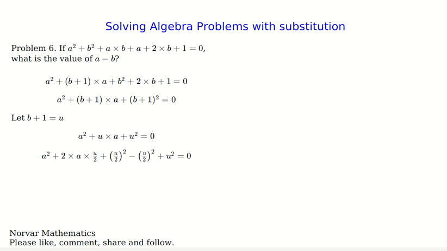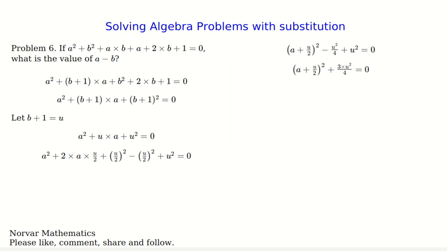The first three terms are perfect squares. (a + u over 2) squared plus u squared over 4 plus u squared is equal to 0. Combine like terms. (a + u over 2) squared plus 3 times u squared over 4 is equal to 0.